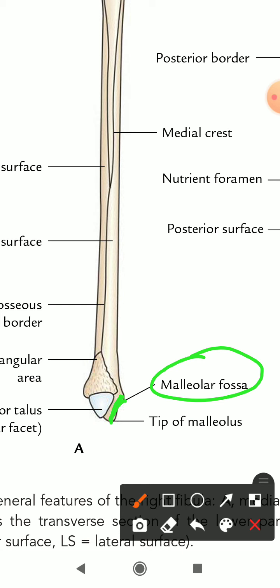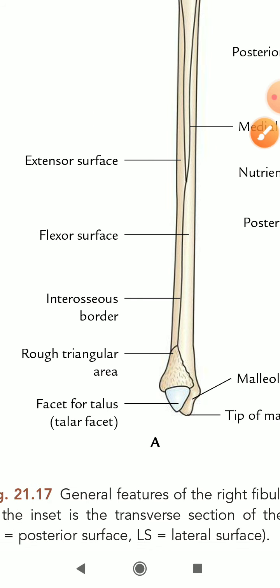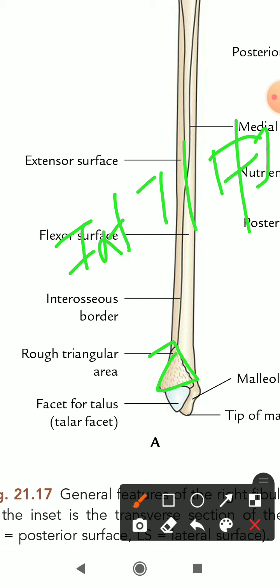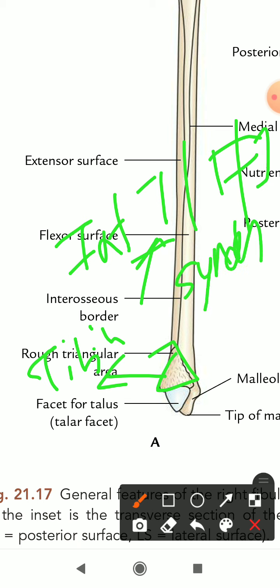And you can see there is a rough triangular area which provides attachment with the lower end of the tibia and forms inferior tibiofibular joint. It joins with the tibia and forms inferior tibiofibular joint, which is a syndesmosis type of fibrous joint.